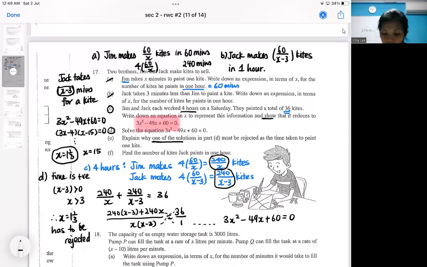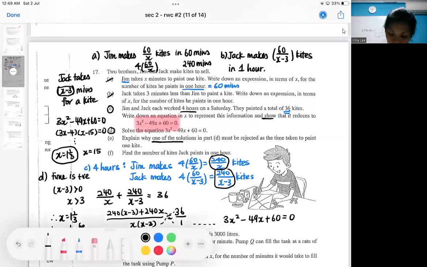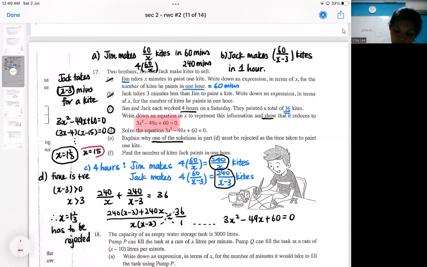Subsequently, you are going to use the 15 here to find the number of kites that Jack can make or paint in 1 hour. You can just put in the 15 here, then that will be the number of kites that Jack can paint in 1 hour.